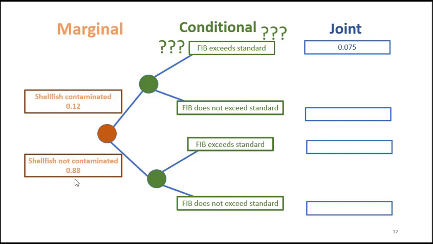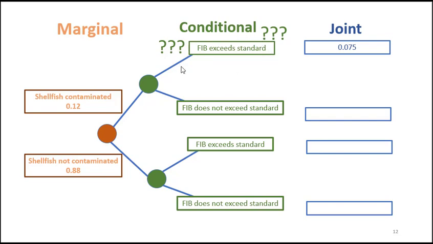And again, the problem asks about the new conditional probability that we're trying to calculate, which is: given shellfish are contaminated, what's the chance that FIB exceeds the standard? And so this is the probability that we're calculating.